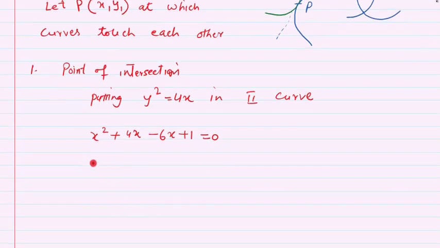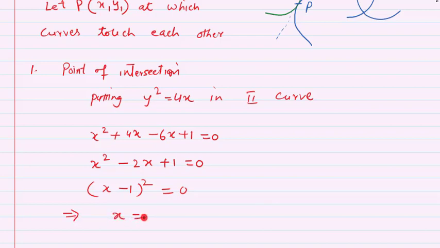Further, it can be written as x square minus 2x, it is minus 2x, not plus 2x, plus 1 is equal to 0, which is nothing but simply (x minus 1) whole square. So we have (x minus 1) whole square is equal to 0, which implies the value of x as 1.